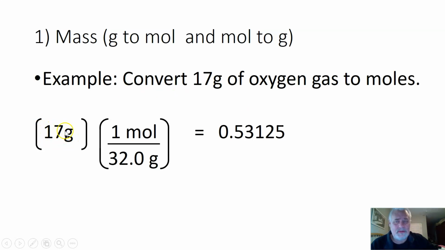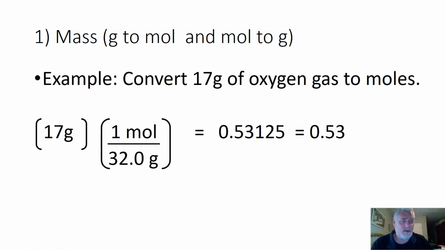I don't think there's too many of you out there who can't tell me that that number has 2 significant figures. So therefore, a chain is only as strong as its weakest link. This is my weakest piece of data, so I can only have 2 sig figs in the answer right there. Equals 0.53.